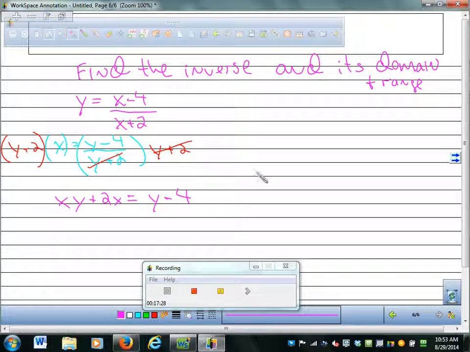So what you want to do, here's the trick: get all terms with y on one side, and everything else on the other.